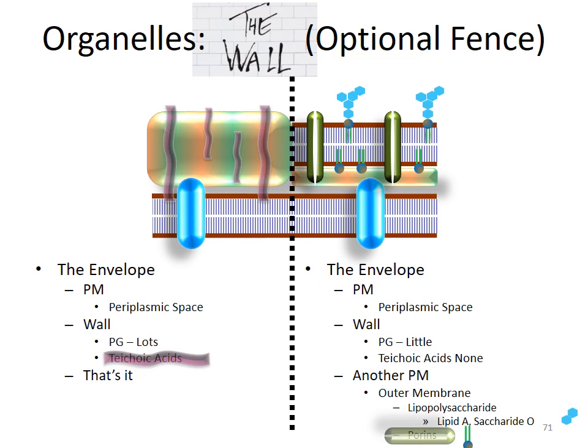Now, the big deal behind this and the reason why this is important to us is that these 2 differences in walls lead to different types of stains. When we perform the gram stain, what ends up happening is that the one that is just the peptidoglycan, the one on the left-hand side, the one that just has the little green and orange that you're seeing there, takes up stain like no other. It goes inside of it easily.